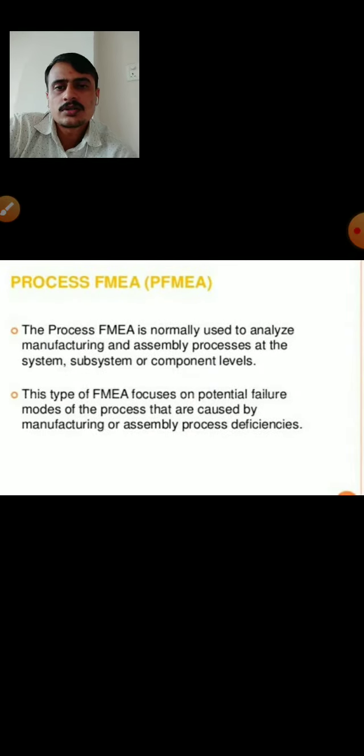And process FMEA, short form is process failure mode effective analysis, PFMEA. It is normally used to analyze the manufacturing and assembly processes at the system, subsystem, and component levels. This FMEA focuses on potential failure modes of processes caused by manufacturing or assembly process deficiencies.